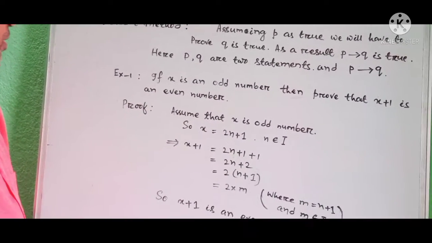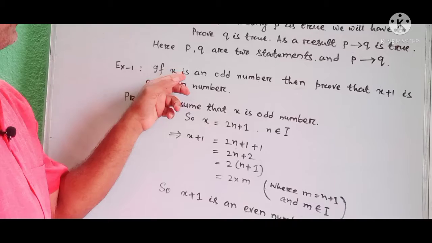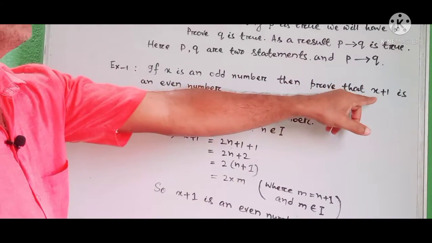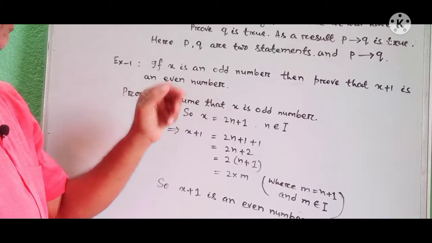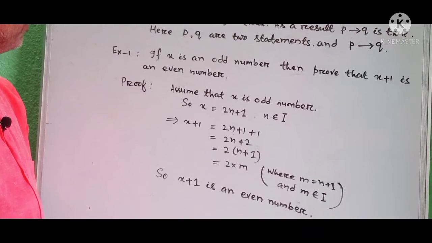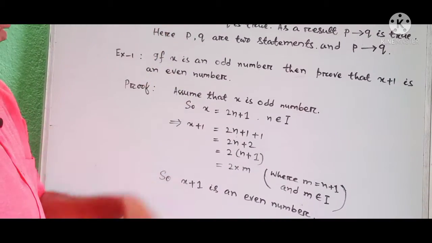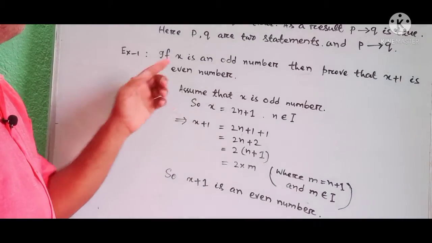Come to the example. Example 1. If x is an odd number, then prove that x plus 1 is an even number. We will prove it with the help of the direct method. How will we prove?